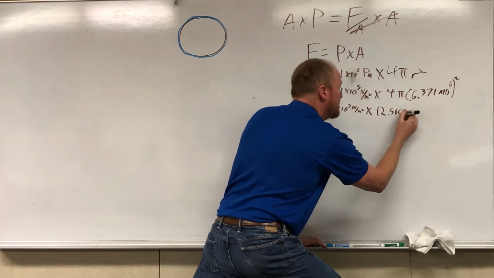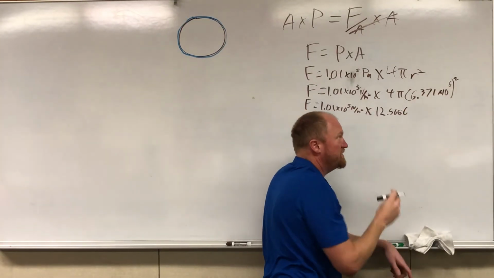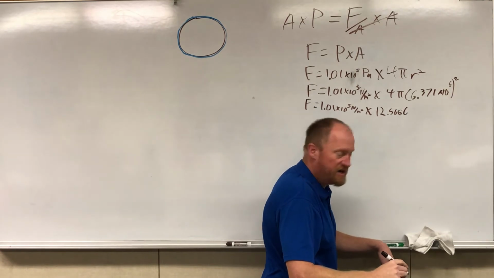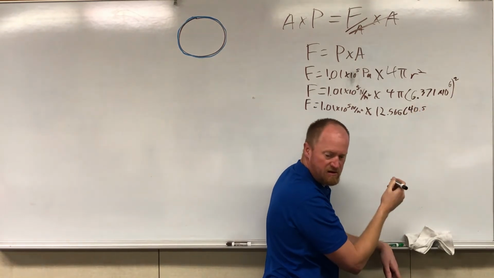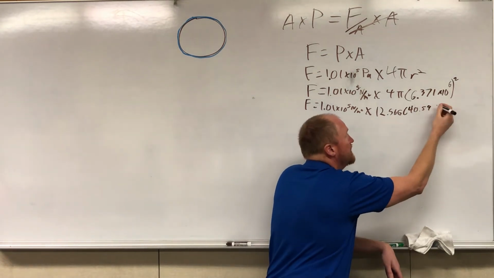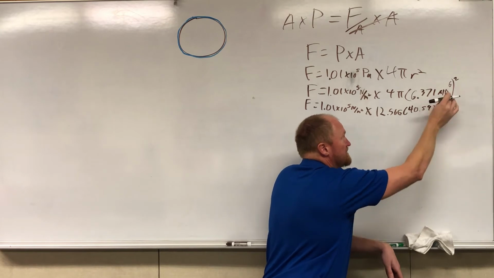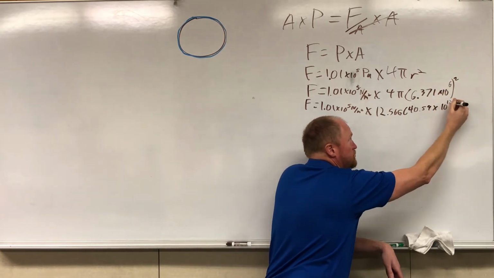Yes, it is. Okay. Now, squared. 6.371 squared is 40.59. 10 to the 6 squared, just multiply 6 times 2, is 10 to the 12th.